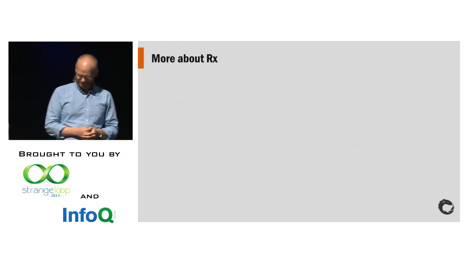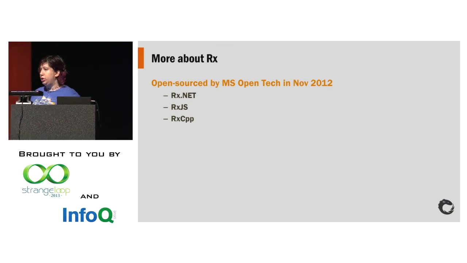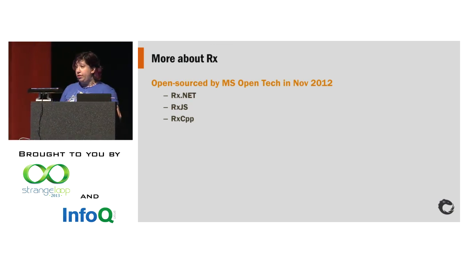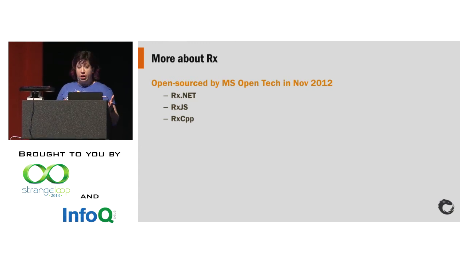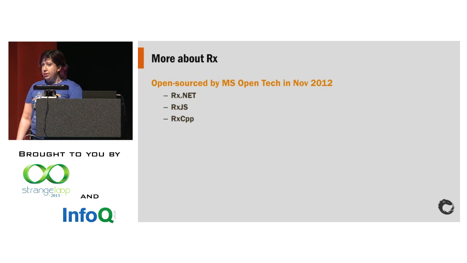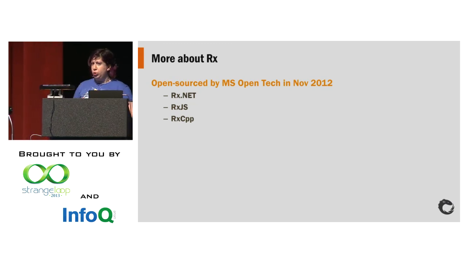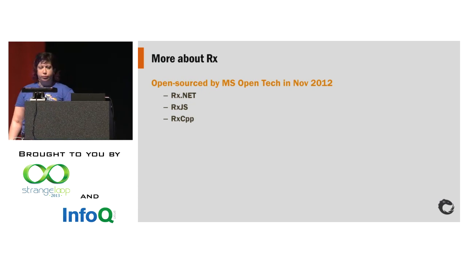So a little bit more about Rx. One of the cool things about it is that last year it was open sourced by a subsidiary of Microsoft called MS OpenTech. And we put out 3 implementations for .NET, JavaScript, and C++. If you haven't heard of MS OpenTech, they do a lot of really cool open source stuff like Redis and Node.js and OpenJDK on Windows.